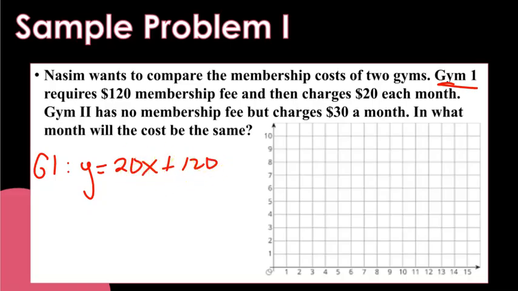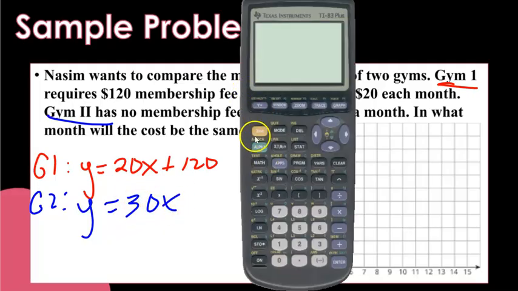And Gym 2 has no membership fee, but they charge $30 a month. So that's 30x. So if we go to our calculator, turn it on, go to our y equals, clear what we have. Gym 1 is 20x plus 120, and the other gym is 30x.